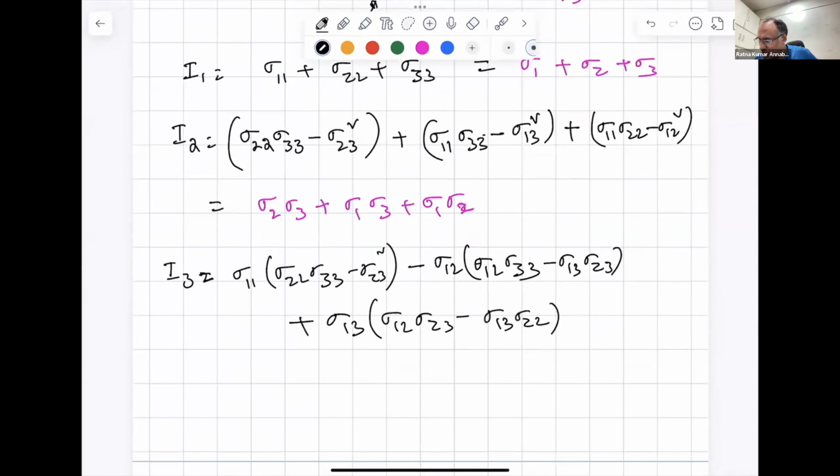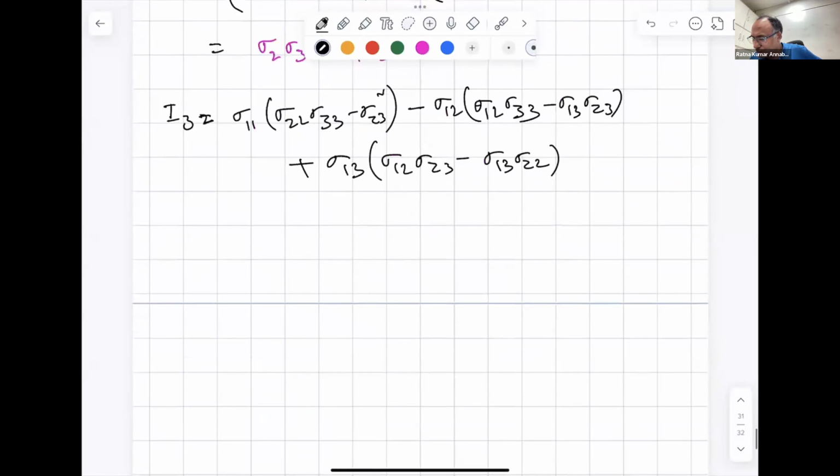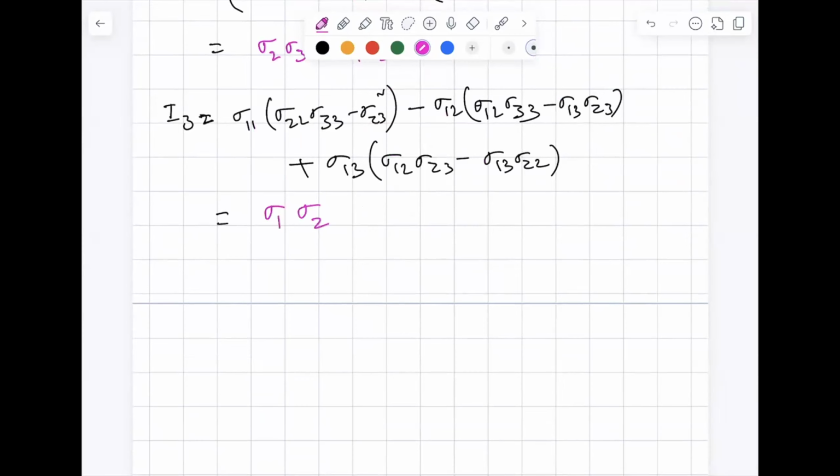How about the last with respect to the principal frame? What should be the value? Sigma 1 into sigma 2 into sigma 3. That is your determinant, right?